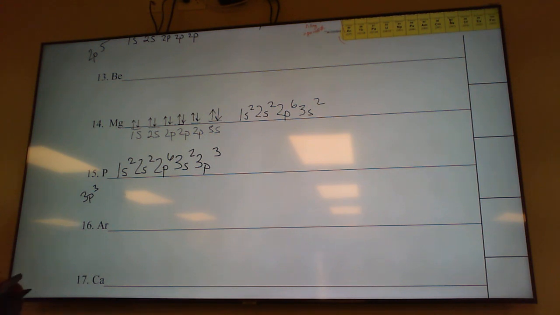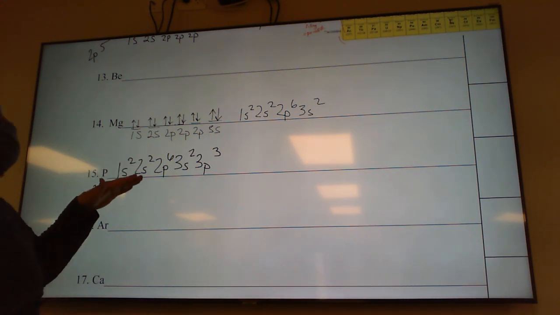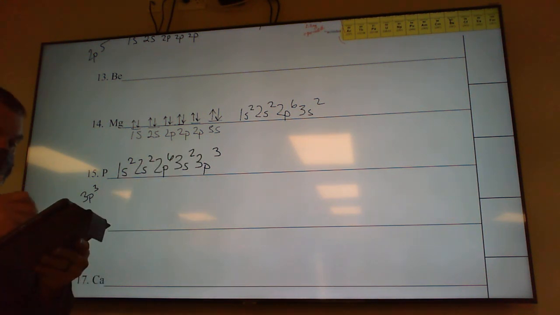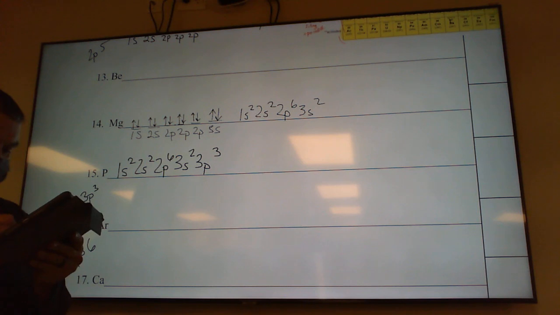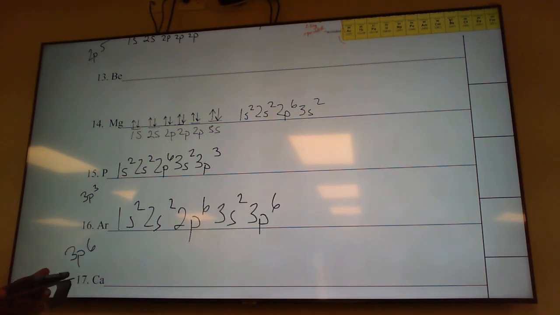So argon is going to look a lot like phosphorus, only it's going to be 1s2, 2s2, 2p6, 3s2, and not 3p3. I know argon ends in 3p6, so 1s2, 2s2, 2p6, 3s2, 3p6.